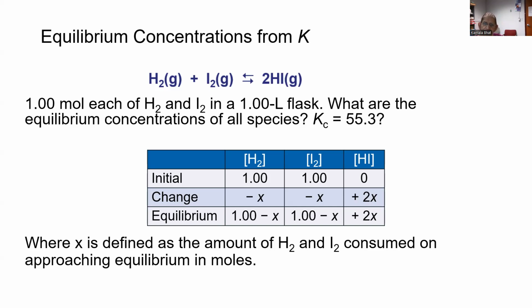The change in concentration, as the chemical reaction shows, there is 1 mole of hydrogen, 1 mole of iodine, and 2 moles of HI. And so the change in concentration will be minus x for the reactants and plus 2x for the product.